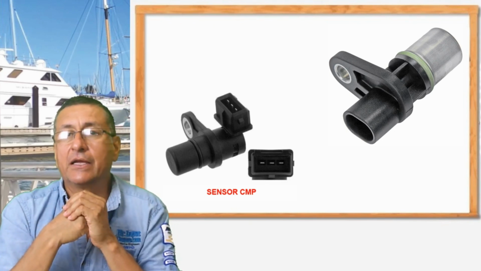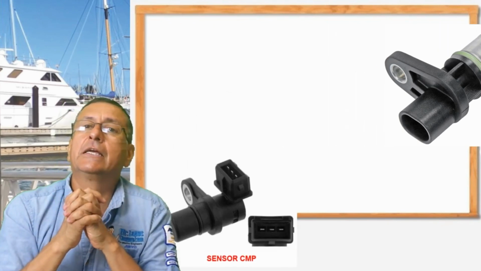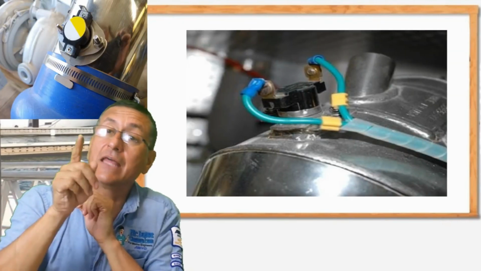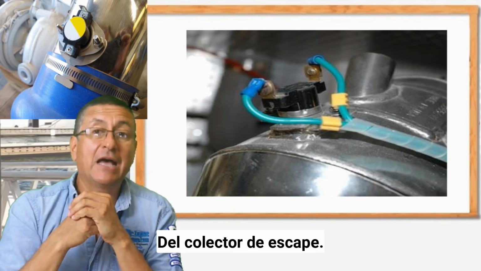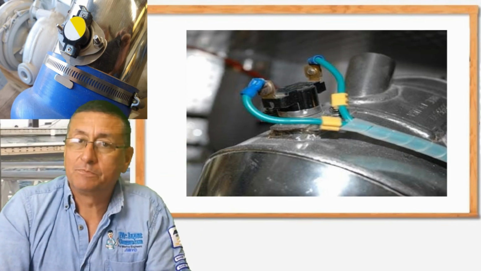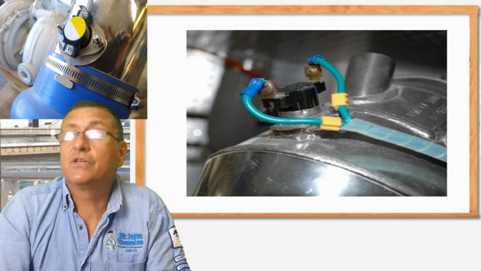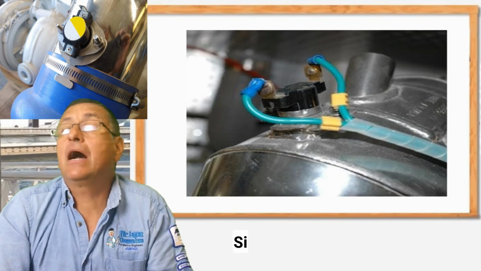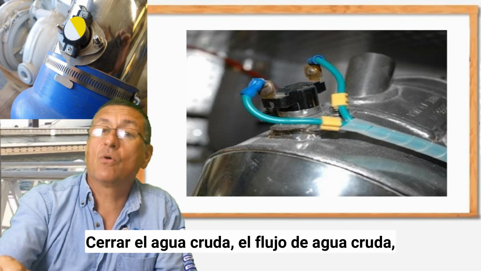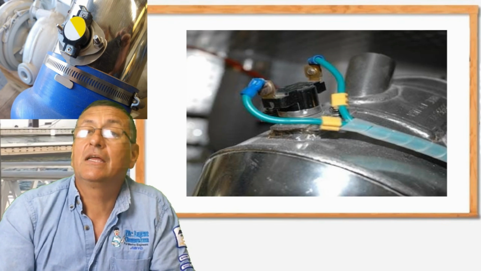Another sensor is the exhaust gas temperature sensor, located at the elbow of the exhaust manifold. With that sensor, you can verify what happens if you close the flow of raw water.